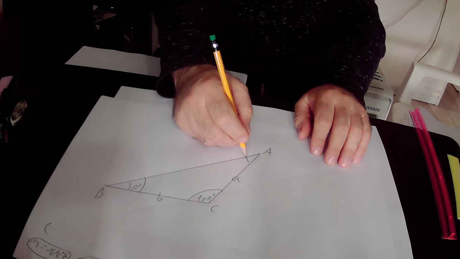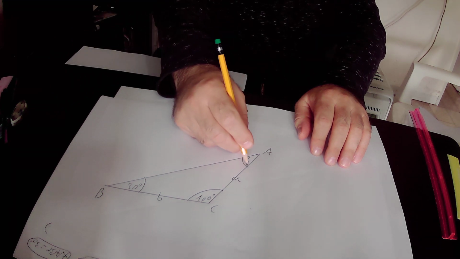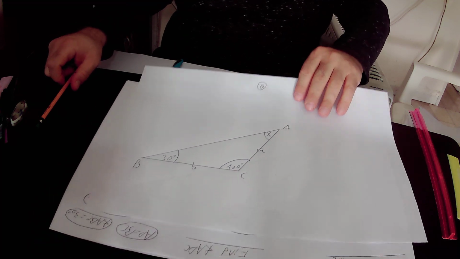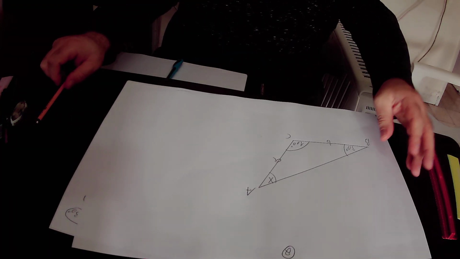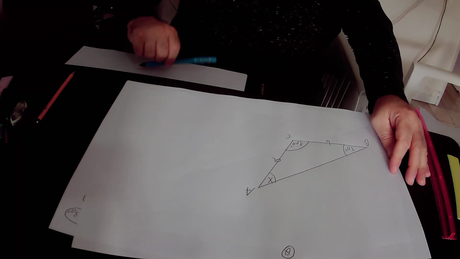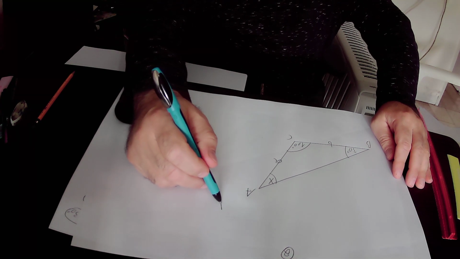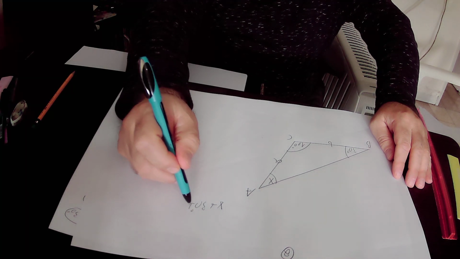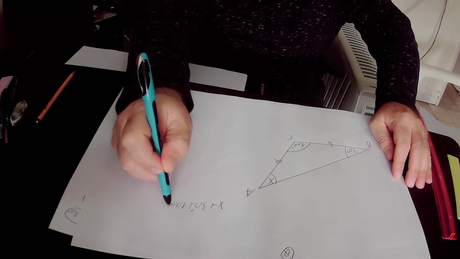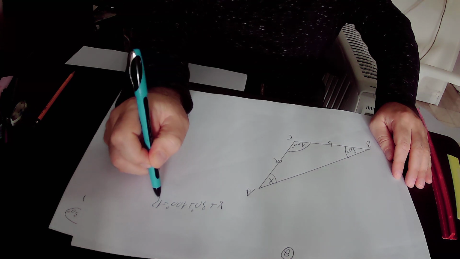This angle, we will define it as angle X, and we know that the sum of the angles in any triangle is equal to 180 degrees. So in triangle ABC, we will get that X plus 30 degrees plus 100 degrees must be equal to 180 degrees.